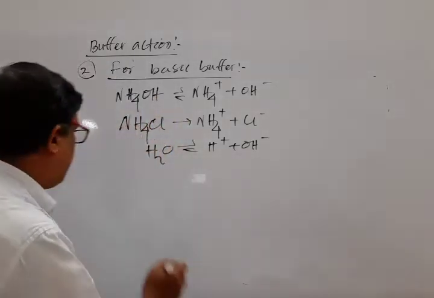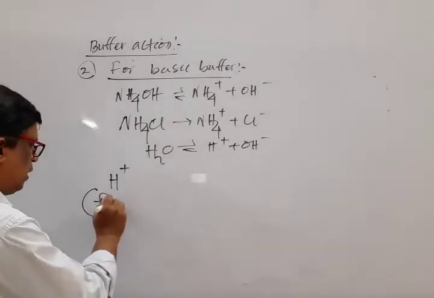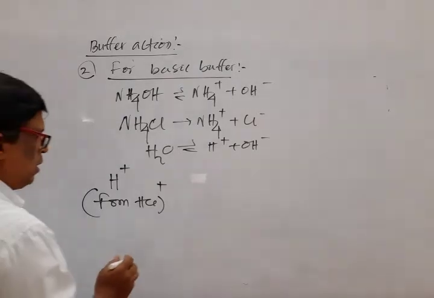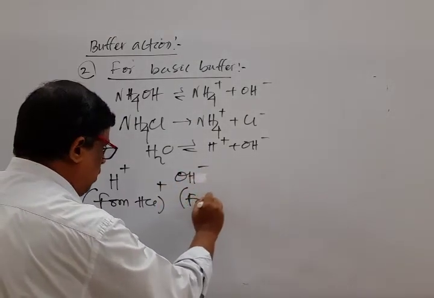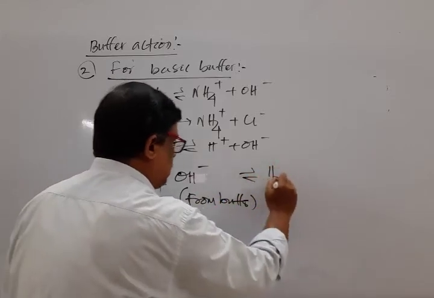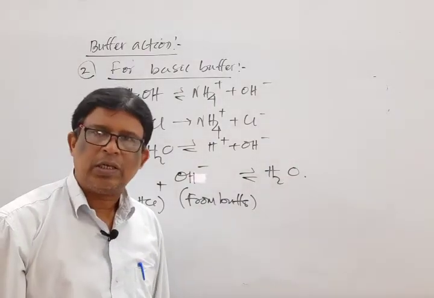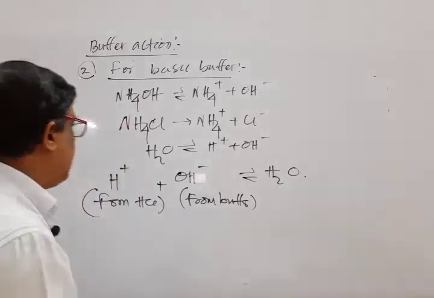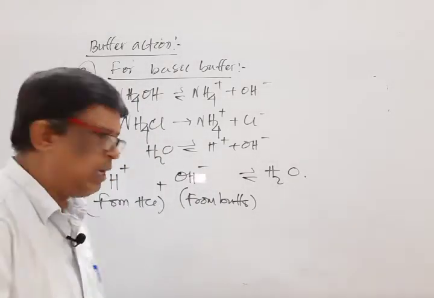Mark that. If we add a few drops of strong acid, that is HCl, then the H⁺ ion from HCl combines with the OH⁻ ion from the buffer, forming weakly ionized H2O, keeping the pH constant. Okay, good. Similarly, let us add a few drops of strong base, that is sodium hydroxide.